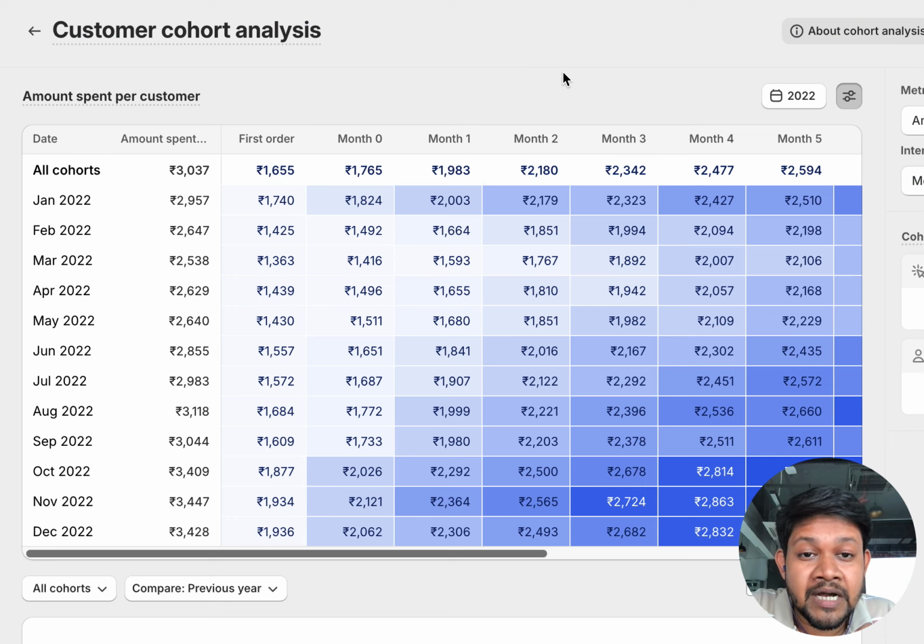Basically your target should be month 2 value divided by first order value. The increment should be 30% on month 2, like the 60-day, and by month 4 it should be near about a 60% jump. If you're already hitting that kind of number, you are already doing extremely good in terms of retention.